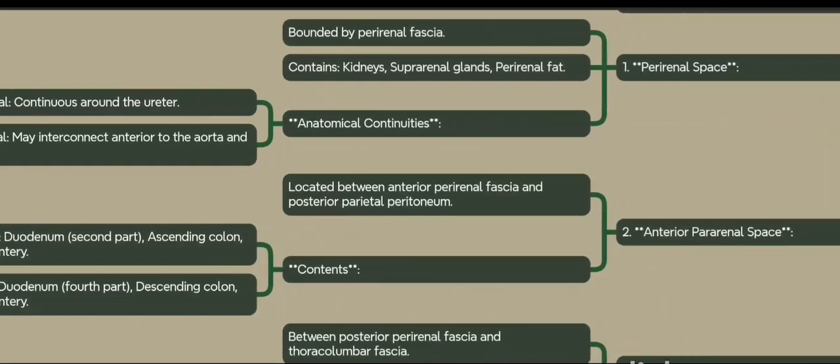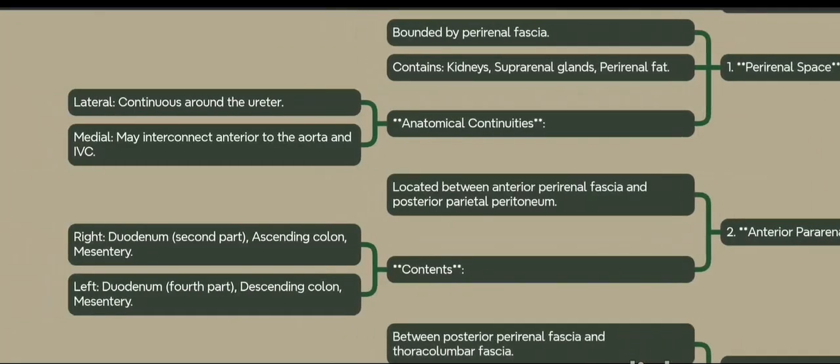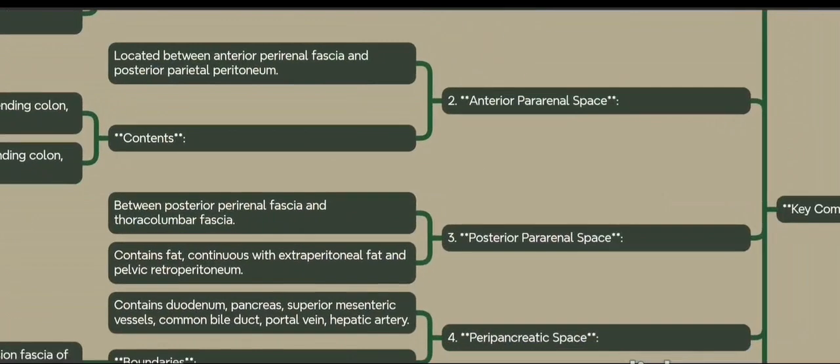Again, what are the structures inside the anterior pararenal space? On the right side, we have the second part of the duodenum, the ascending colon, and the mesentery. On the left side, we have the fourth part of the duodenum, descending colon, and the mesentery. Now, the next part is the posterior pararenal space.